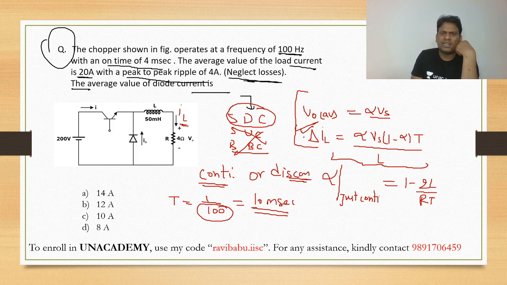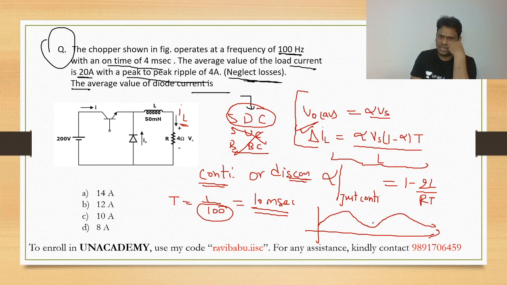The nature of this current IL is actually decided by the system. Here the response of IL will be exponential rising and exponential decaying. But due to high frequency, this time interval is very low, so we can replace this non-linear nature with almost linear.